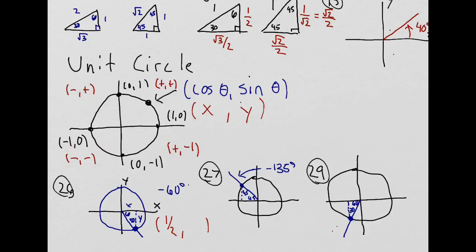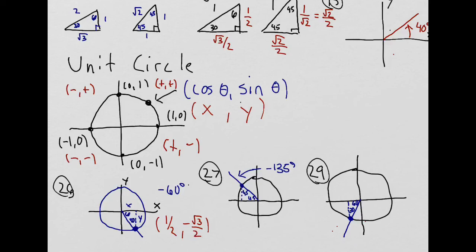The fourth, final quadrant, which is where we are in this problem, we're going to have positive x, negative y, which is what we have in this case. So that means this y will be a negative square root of 3/2.